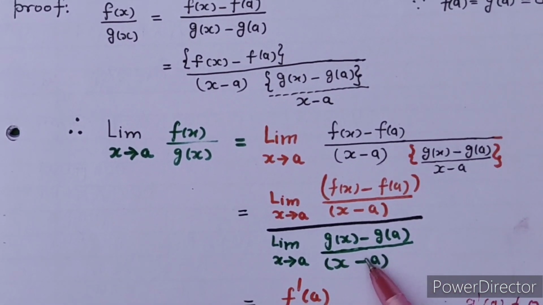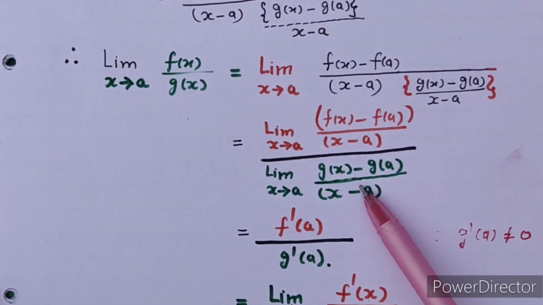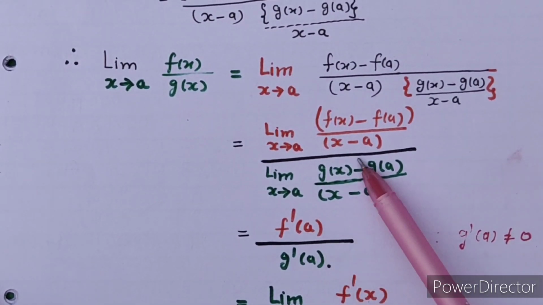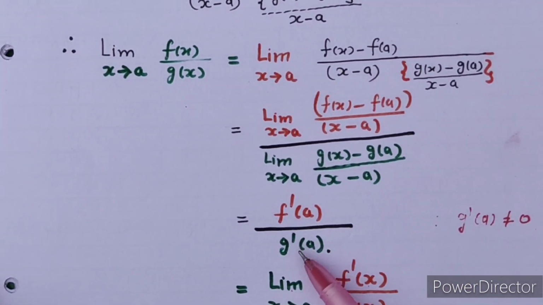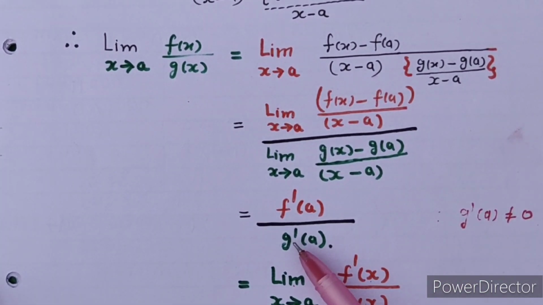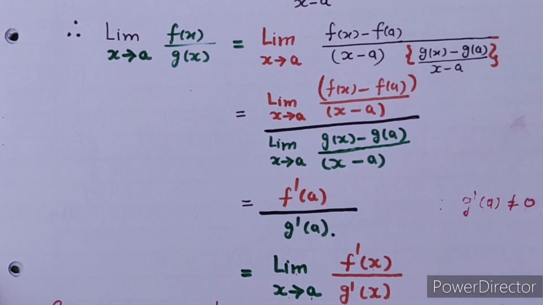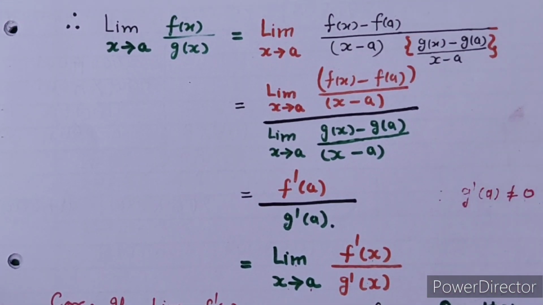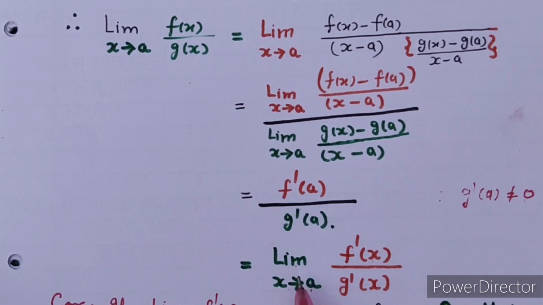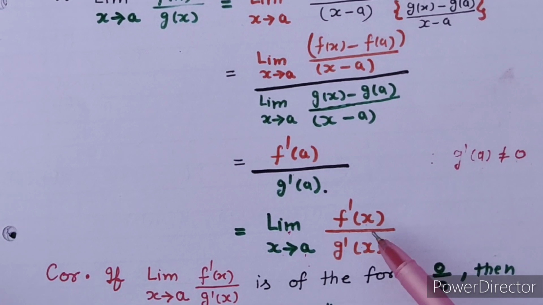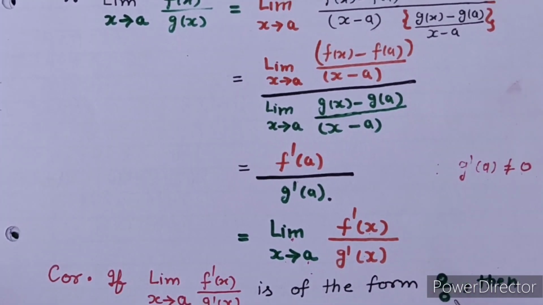As you know, this is the definition of the derivative of the function. So it is the derivative of the function f at a, and this expression is the derivative of the g function at a. Now g dash at a should not be equal to 0 when you are evaluating your limit. So in place of this one I can say this is limit x tend to a f dash of x by g dash of x.